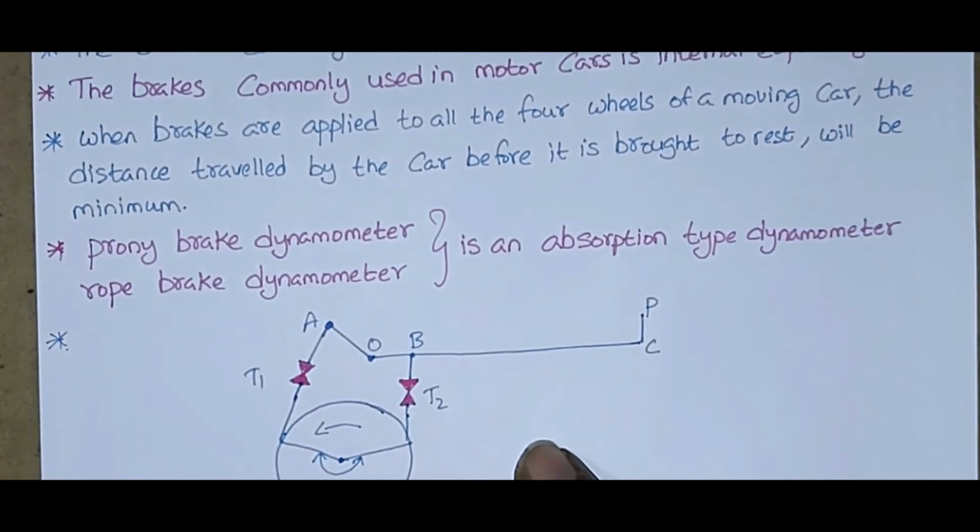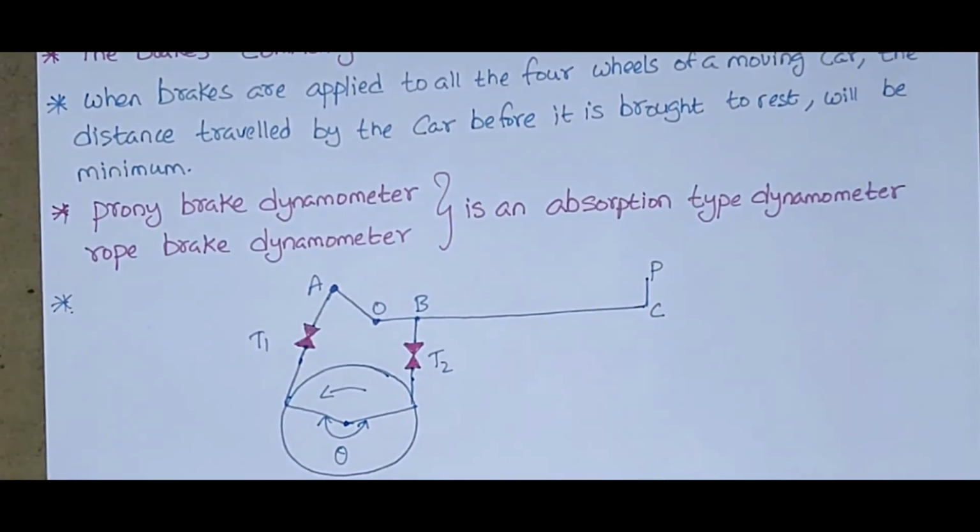Next, the Prony brake dynamometer and rope brake dynamometer are absorption type dynamometers.